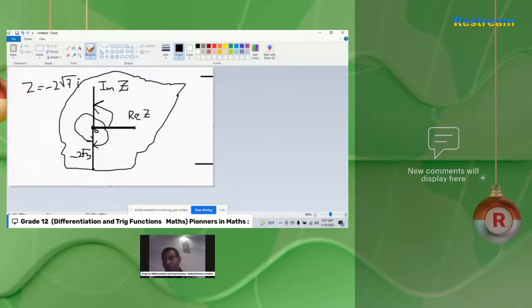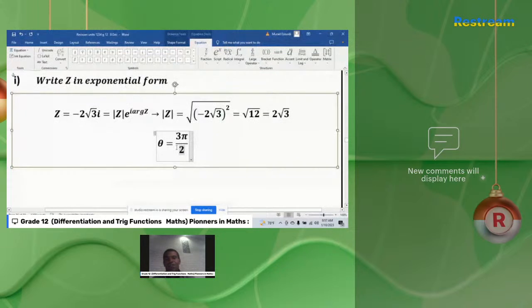If we suppose now z is equal to, for example, 2 root of 3 times i, then the angle is pi over 2. For example, 5 root of 3 i would be pi over 2. That's why here I consider the angle as 3 pi over 2.